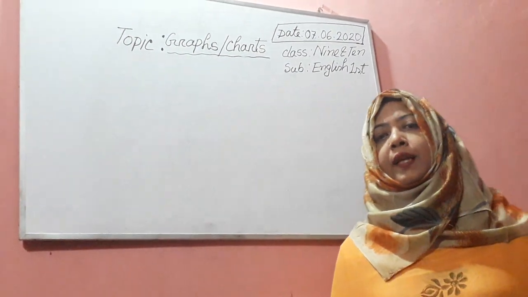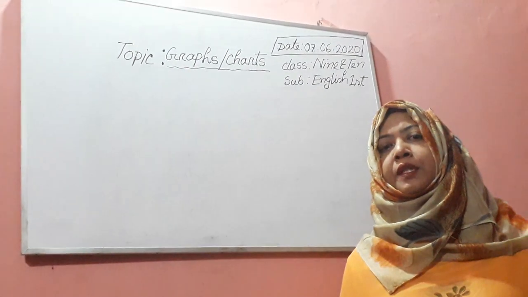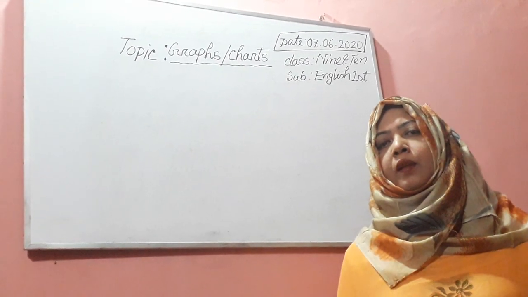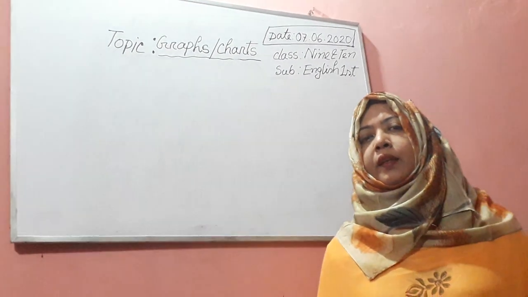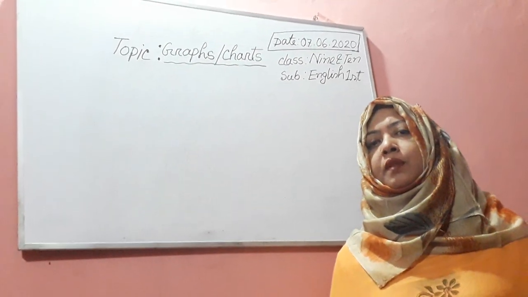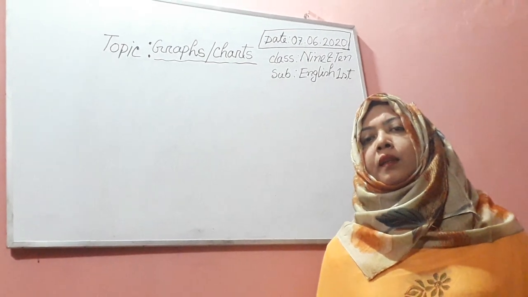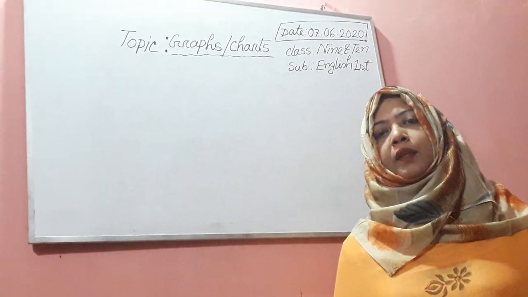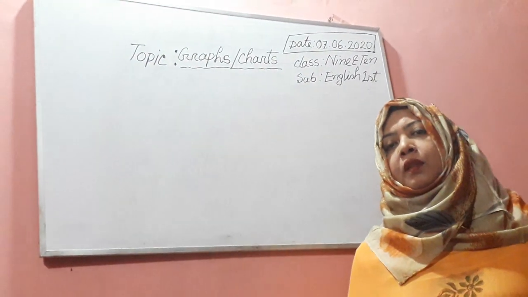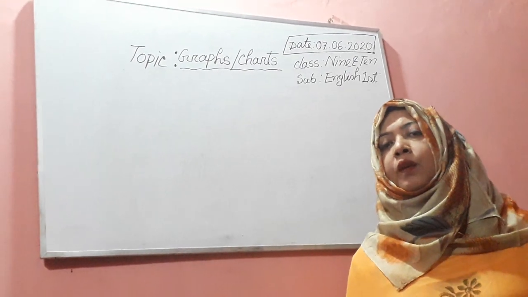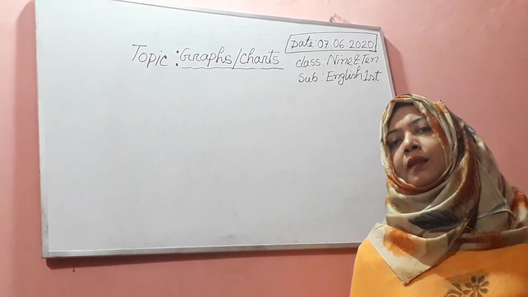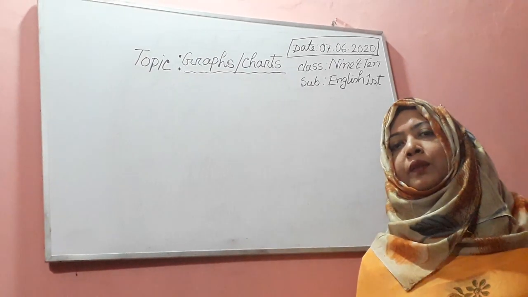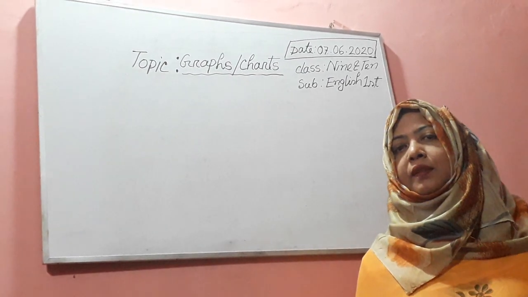Dear, graphs and charts are frequently misunderstood because of the similarities of their terms. As they are ambiguous, sometimes they are used interchangeably. Graphs are one type of chart, but not the only type of chart. In other words, all graphs are charts, but not all charts are graphs. I think it's very confusing to you, so you don't need to think over it more critically.